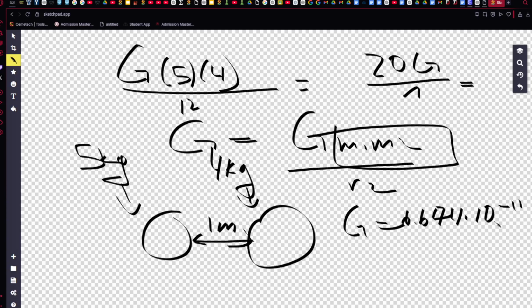And if you want to calculate what that is, let me do the logic real quick. What about kg times m squared? Sorry, kg squared.